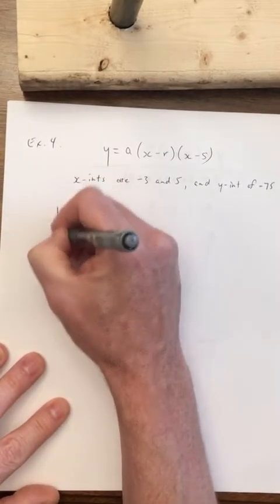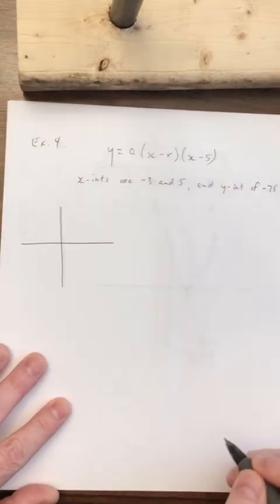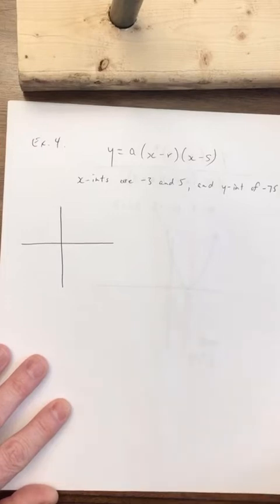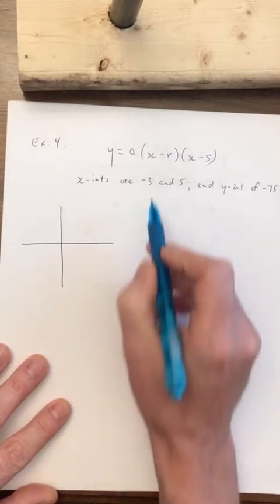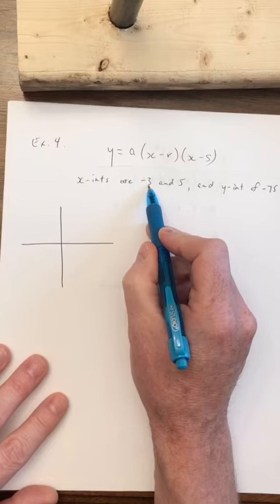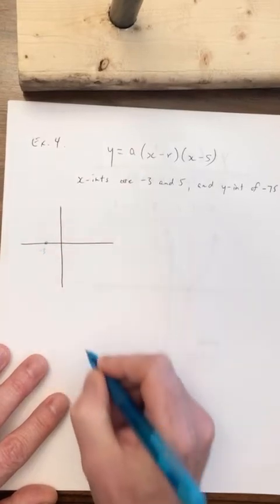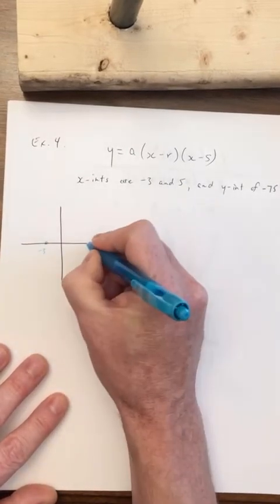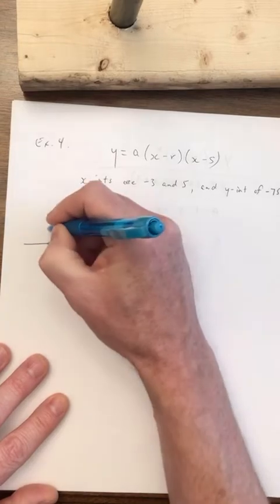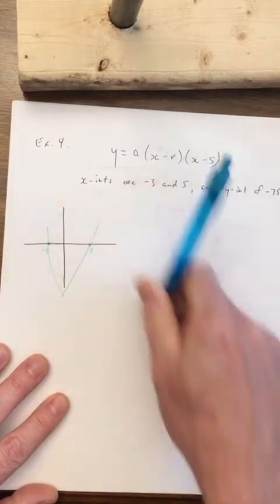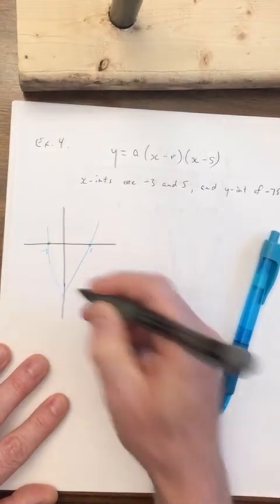Basically, what that's telling us is that we have something that looks like this. We know we're going to be crossing the x-axis at -3. We know we're going to be crossing the x-axis at 5. We know we're going to have a parabola that looks something like this.